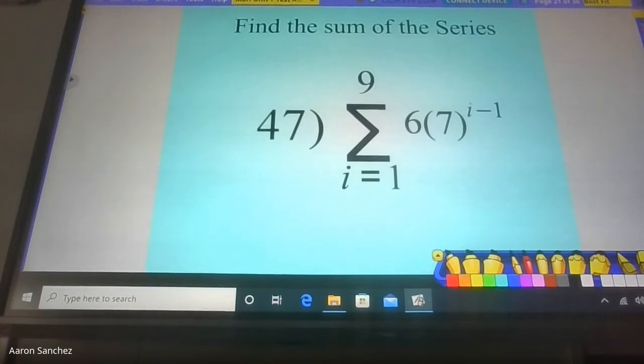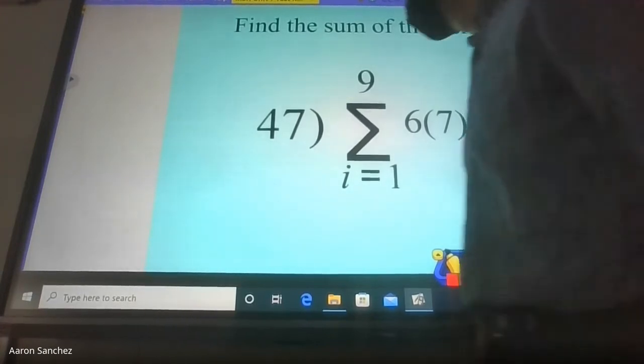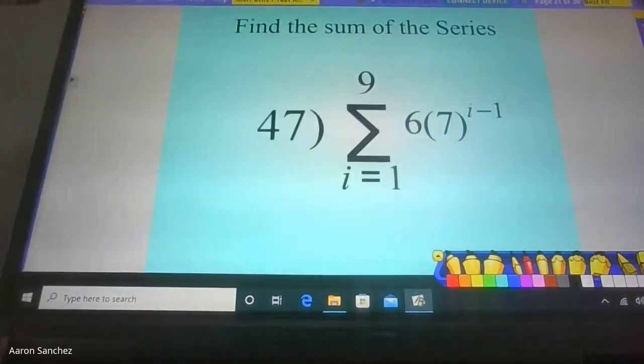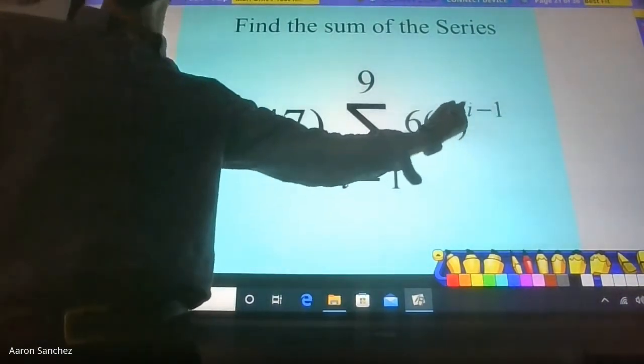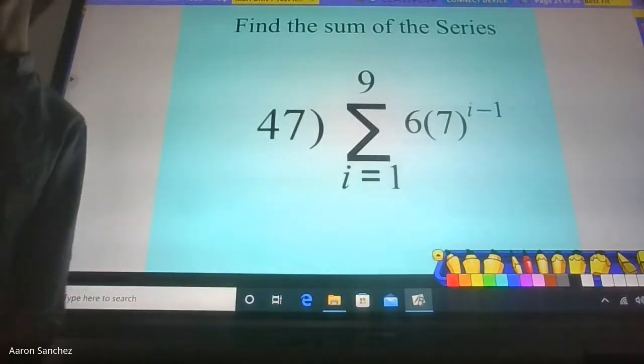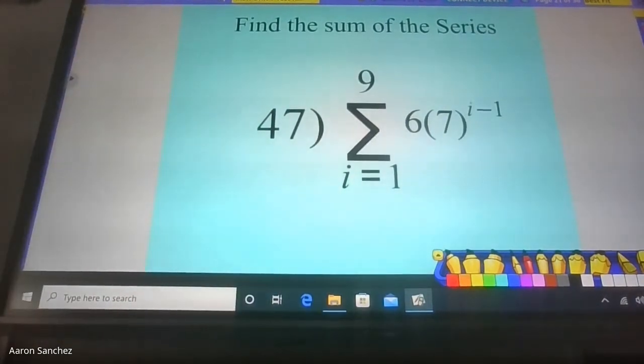Okay, now the equation for the sum of the series. What type of series is this for the variables in the exponent? Is it arithmetic or geometric? Geometric, right? Do you guys remember the formula for that one?